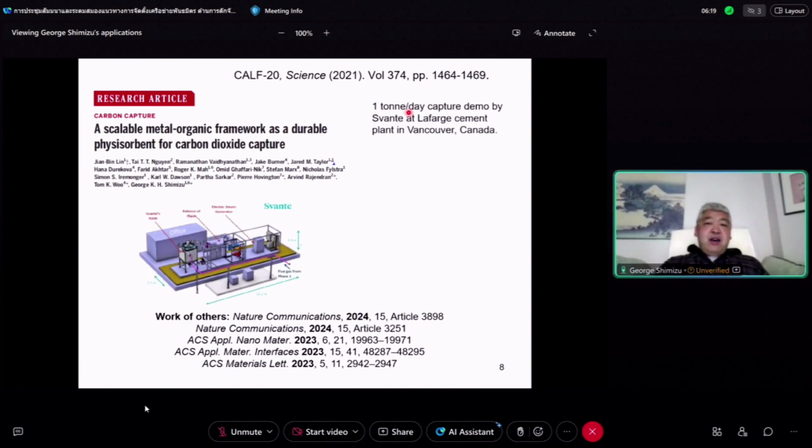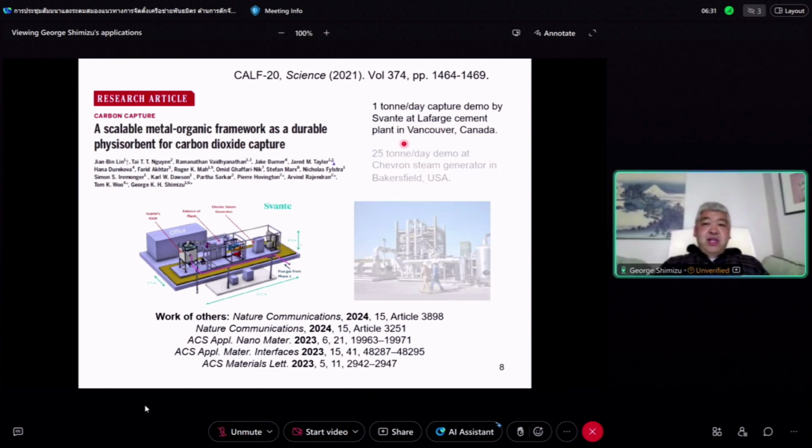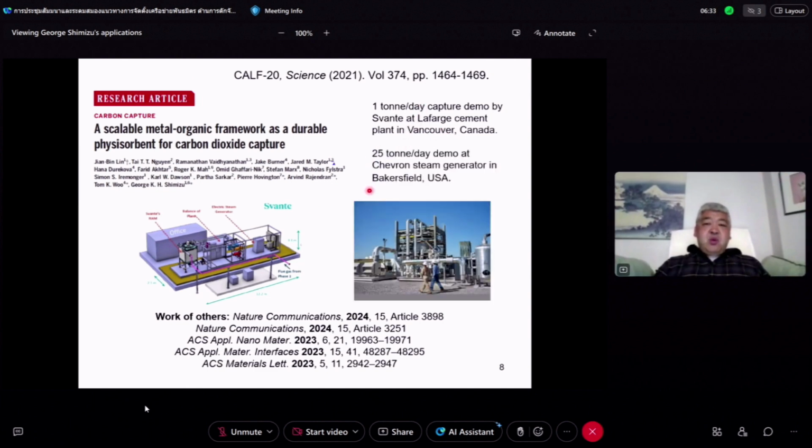For almost 2 years now, this compound has been part of a 1 ton CO2 per day capture pilot at a cement plant in Vancouver. And for about 1 year, it has been part of a 25 ton per day CO2 capture from natural gas combustion at a Chevron facility in California.